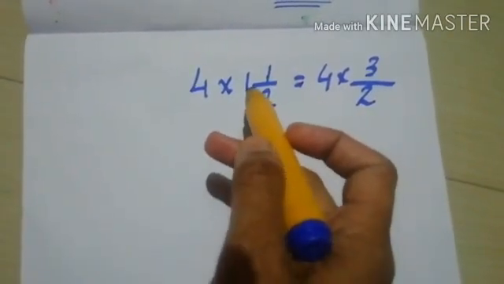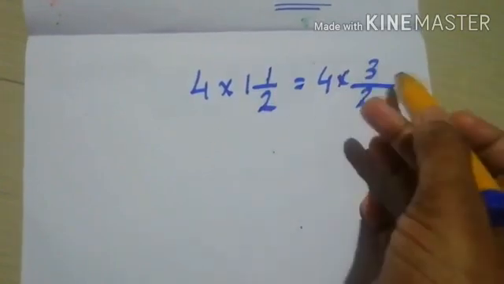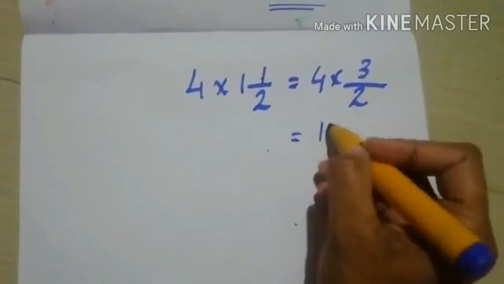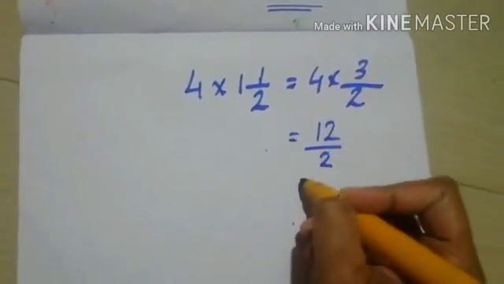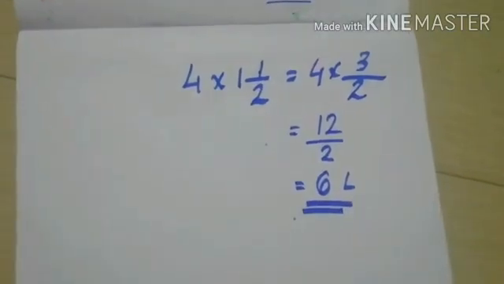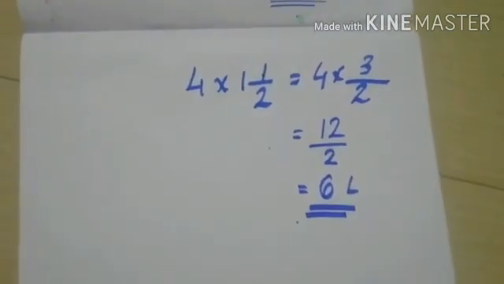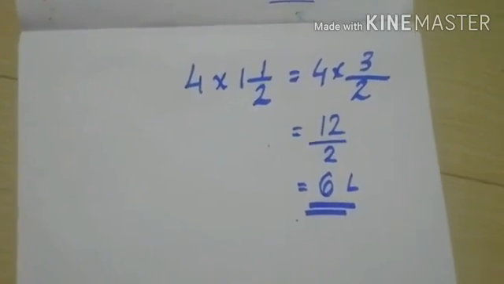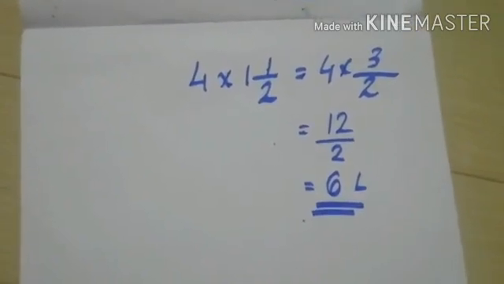That is 2 ones are 2 plus 1, 3. Then we can directly multiply. 4 3s are 12 by 2 is equal to 6 liters. You can do either of these two methods. Whichever is more useful or easier for you all, you can opt for that method.